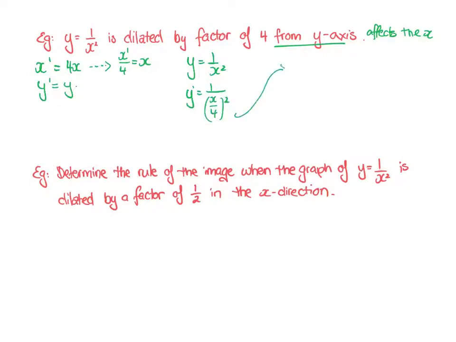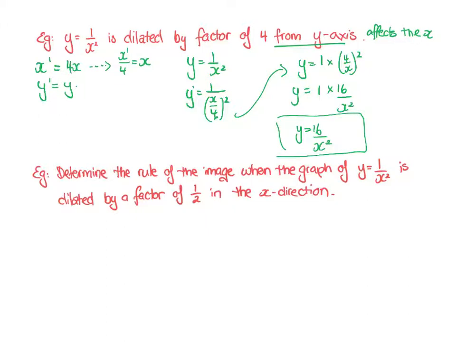When you simplify that, it's like saying 1 times 4 squared over x squared, which is 1 times 16 over x squared. So we get y equals 16 over x squared. So for 4 you would multiply by the inverse of that, which is 1/4, which is here. But we're just going to leave it like that.